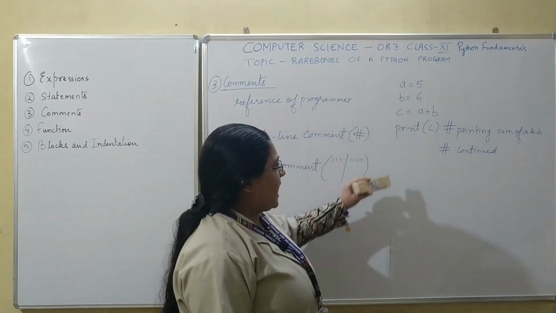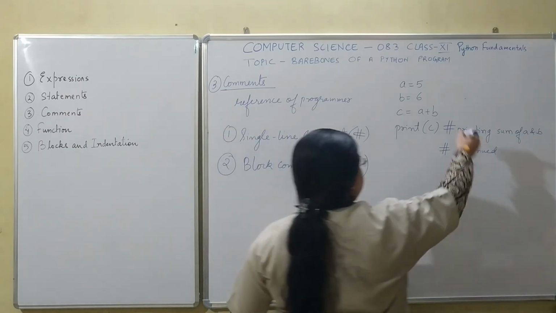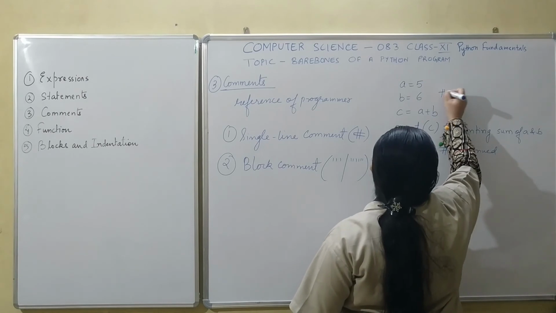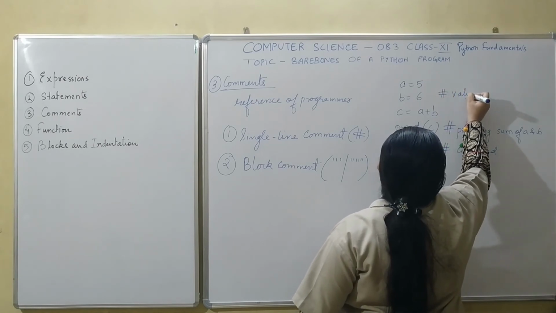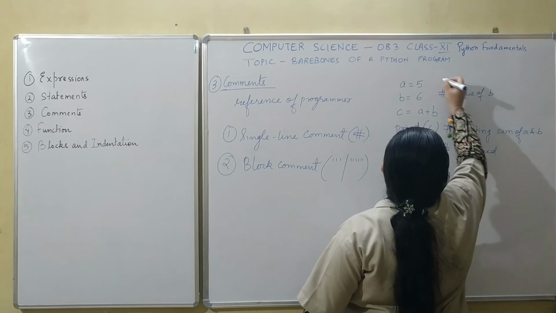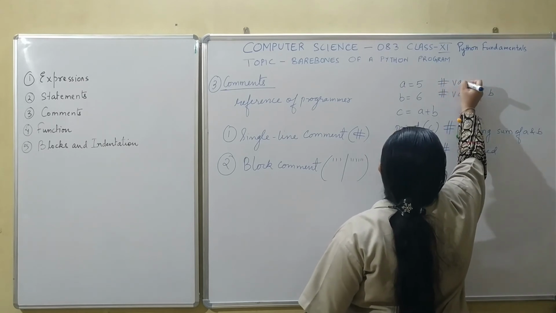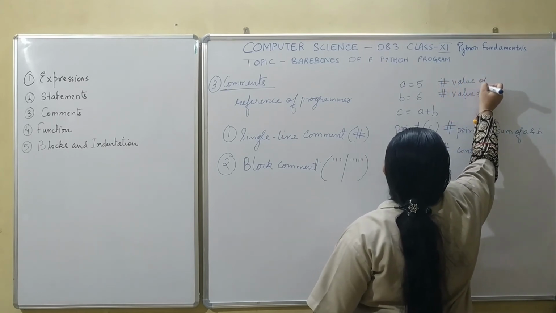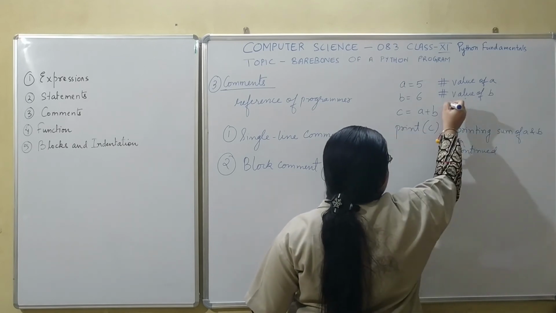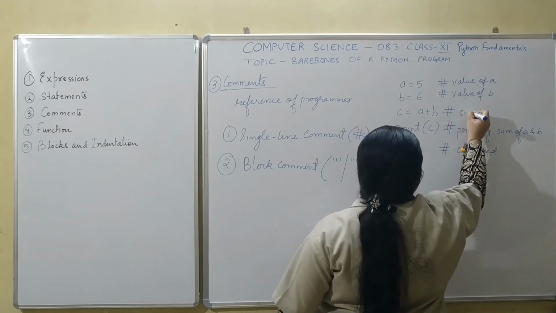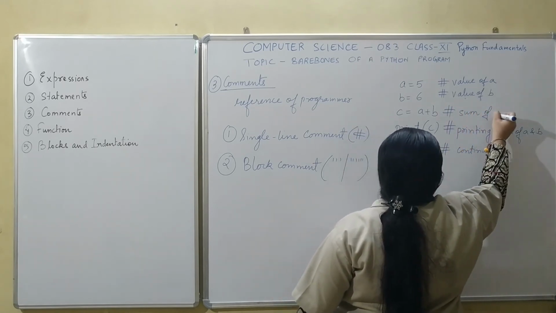So you can write as many hashtags as possible. I can write a hashtag over here, value of b. I can write here value of a, and here I can write sum of a and b.